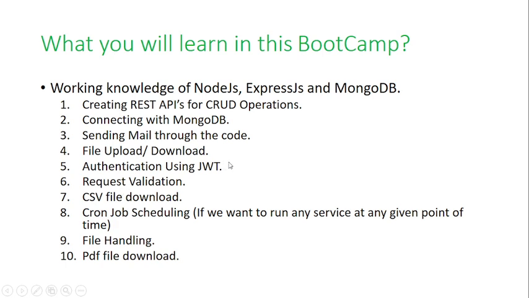So authentication of the user is the most important thing. We are going to learn how to create the JWT token. JWT is a way to authenticate the user. I think you are from a Java background. The full form of JWT is JSON Web Token.